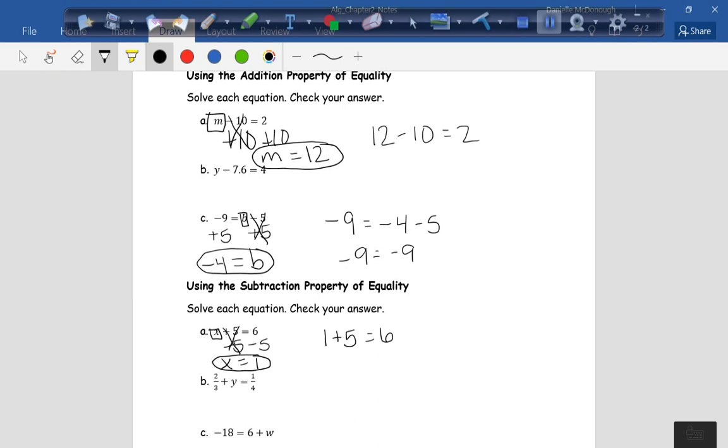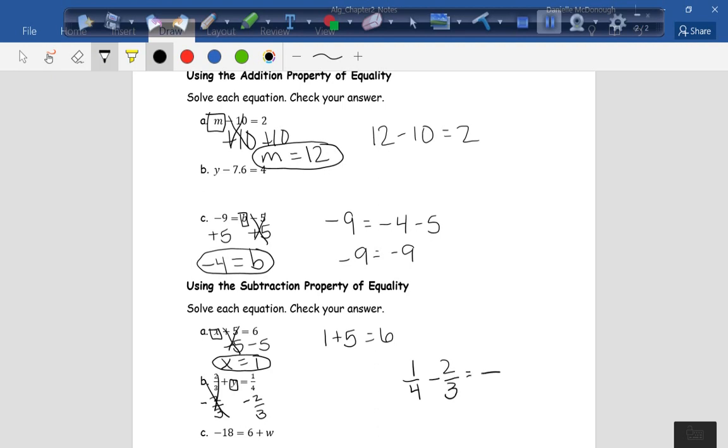If you look at b, I want to isolate this y here, and what I have on this side with it is a positive 2/3. So in order to get rid of it, I need to subtract 2/3. What I do to one side, I have to do to the other. So if I go over here, I'm going to do this 1/4 minus 2/3.